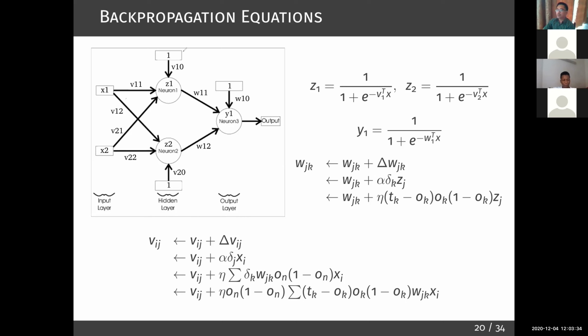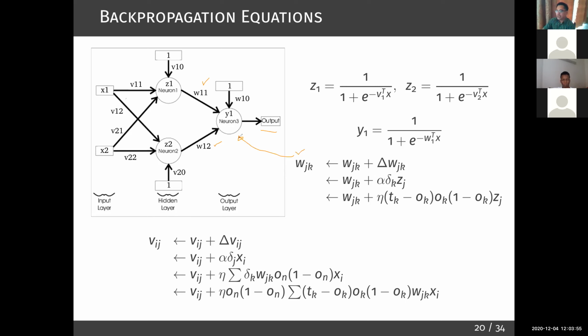So what do we do here? Here we have one output, the overall output. It has its weights W11 and W12. This is how you're going to update these weights.